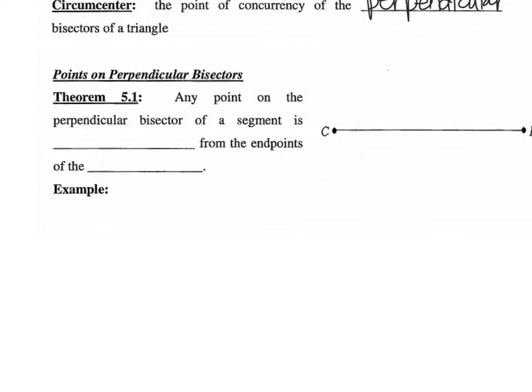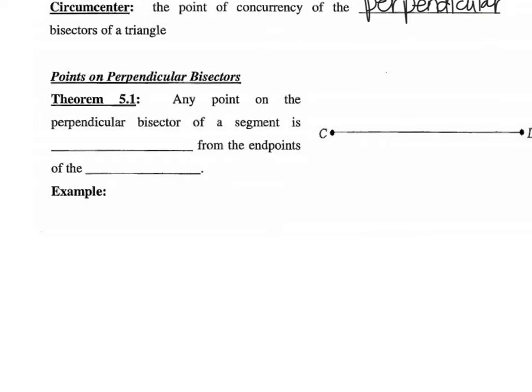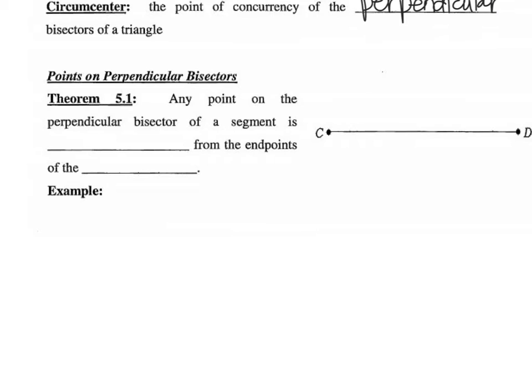So we have one last theorem to talk about, and that states that any point on the perpendicular bisector of a segment is equidistant from the endpoints of the segment.